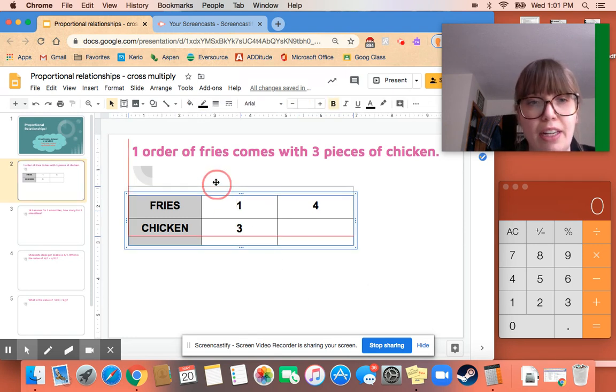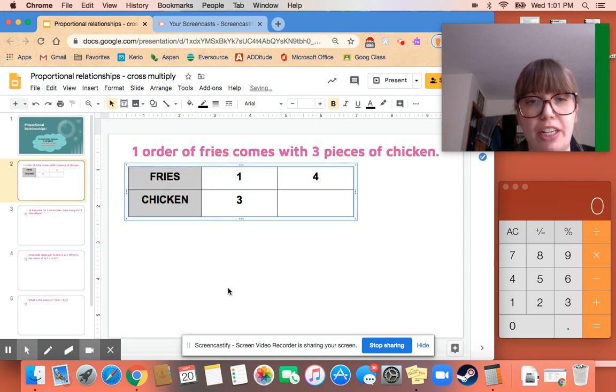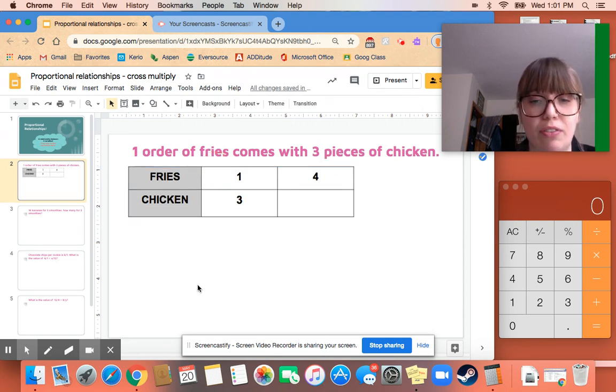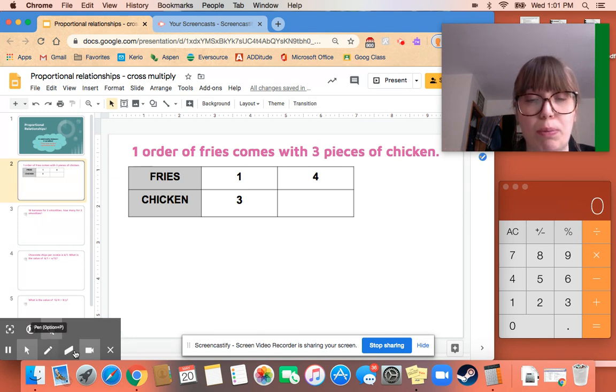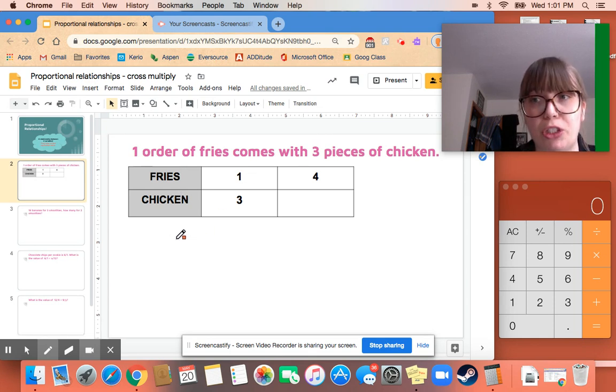So I have my relationship in a table right here, and we're used to working with tables to solve these things. This is a review of how to pull this out into a ratio or a proportional relationship. So I'm going to get my pen and I'm going to write this as a proportion.